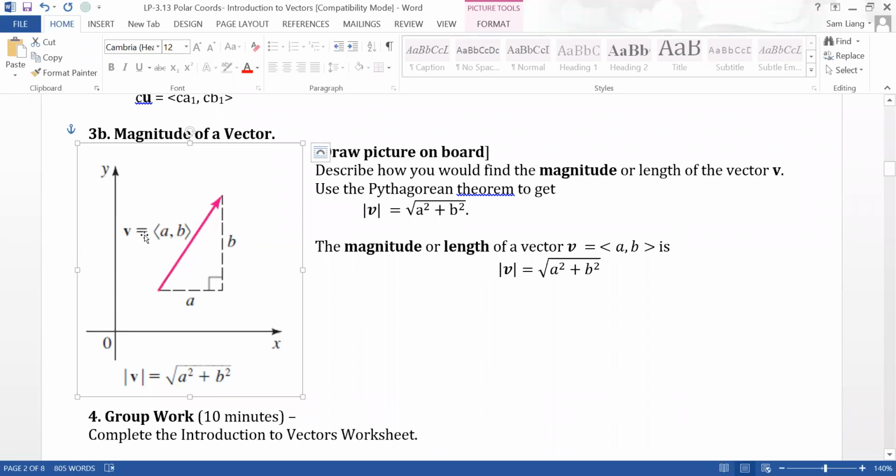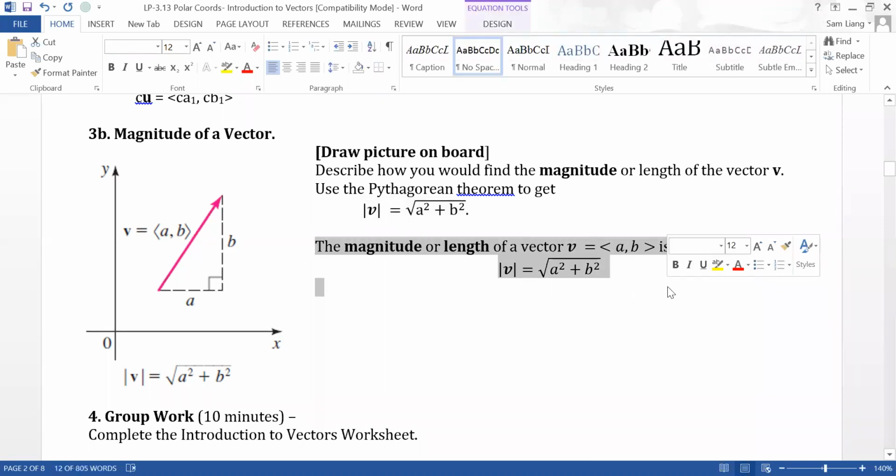So the magnitude squared equals a squared plus b squared. Take the square root of both sides and you get the magnitude of v. Note the notation: it's the absolute value sign. So the absolute value of v, which is the magnitude of the vector, is equal to the square root of a squared plus b squared.